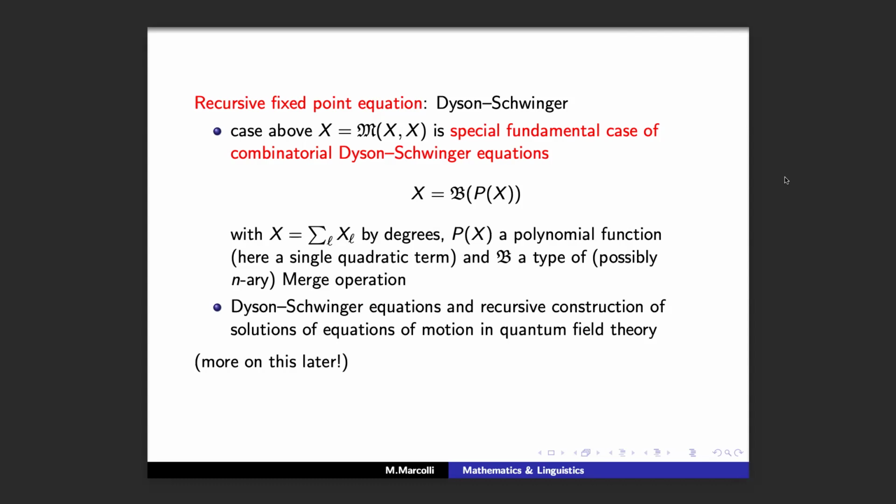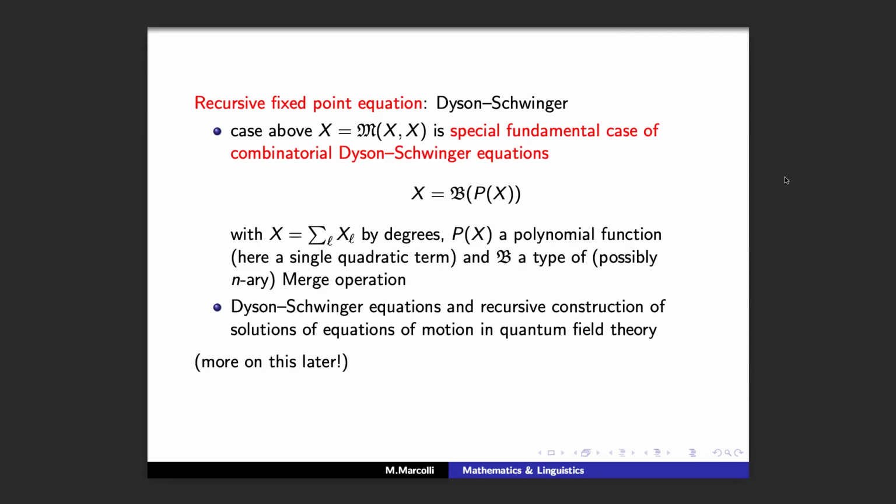Okay, you're saying fundamental case because it's binary. And also because it's just grafting, I mean, the grading that you've chosen, that's why it's fundamental. Yeah, so in a physics setting, this structure would be the trees that give you the structure of nested subdivergences in Feynman graphs, and would again be this grafting operation of trees that combine subgraphs together into larger Feynman graphs.